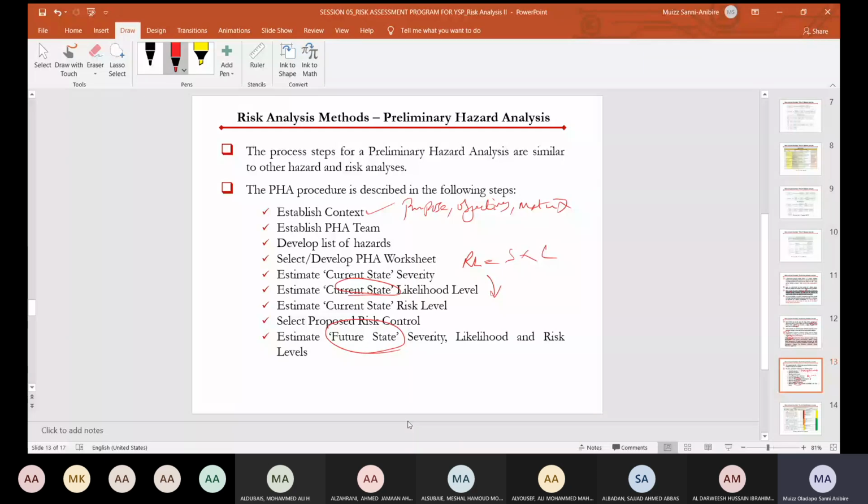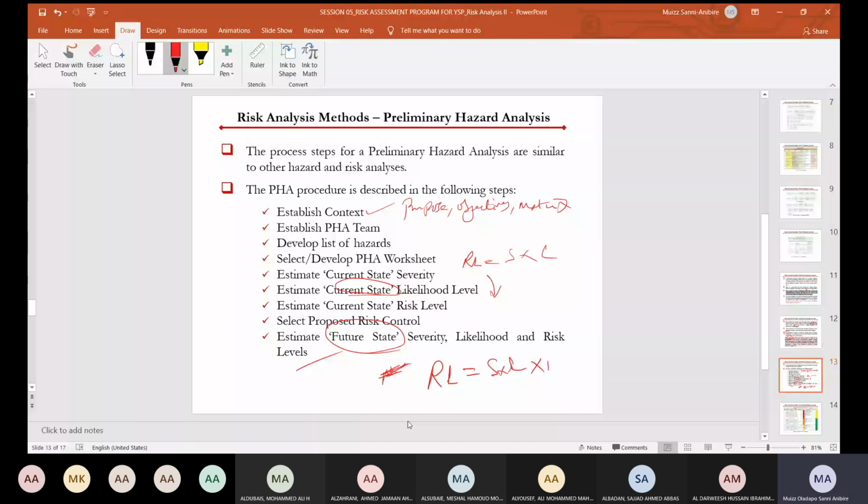For the future state of severity, likelihood, and risk levels, you then calculate the risk level: risk level equals severity multiplied by likelihood, times the prevention effectiveness.